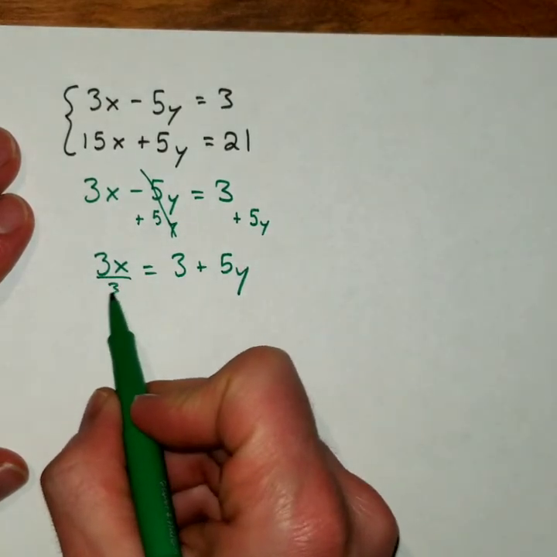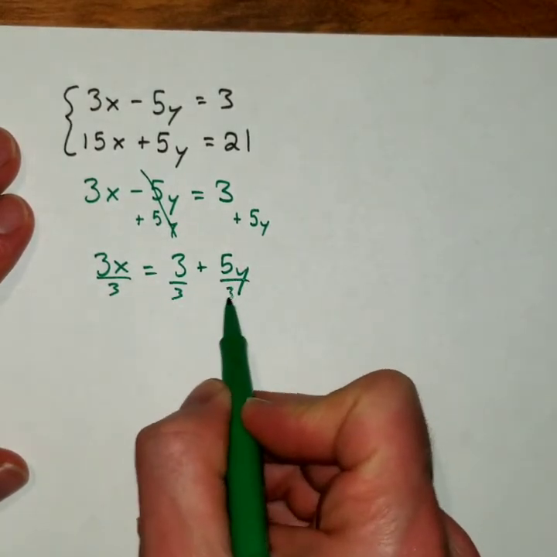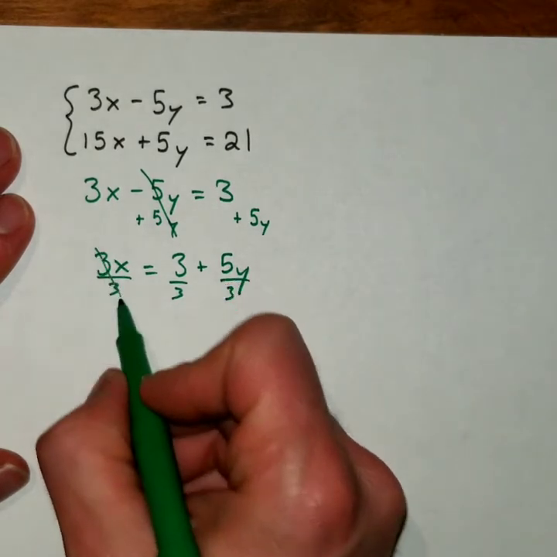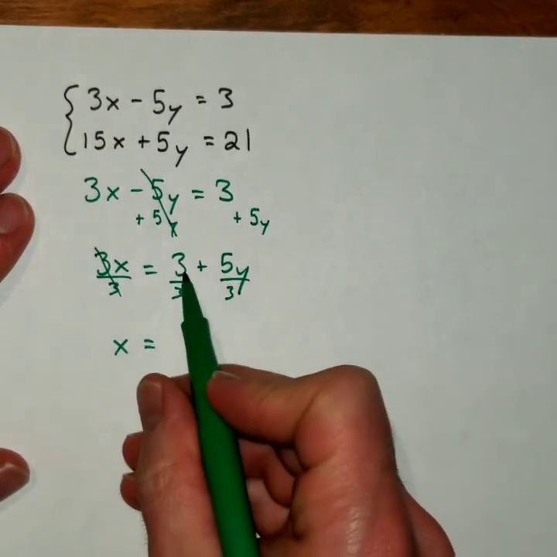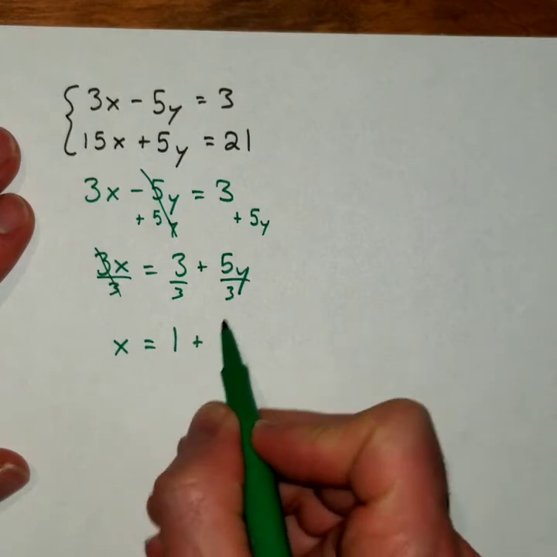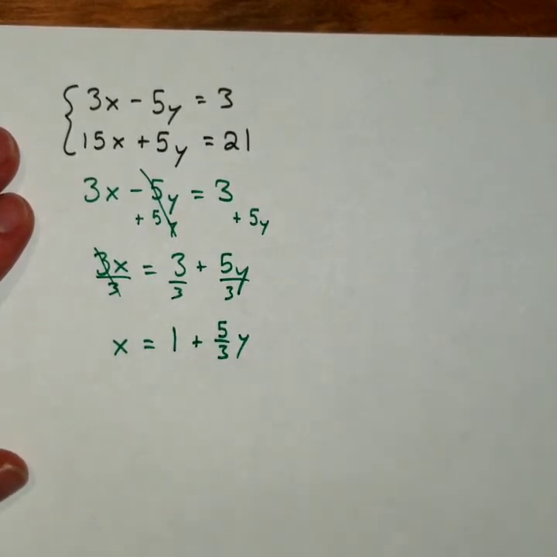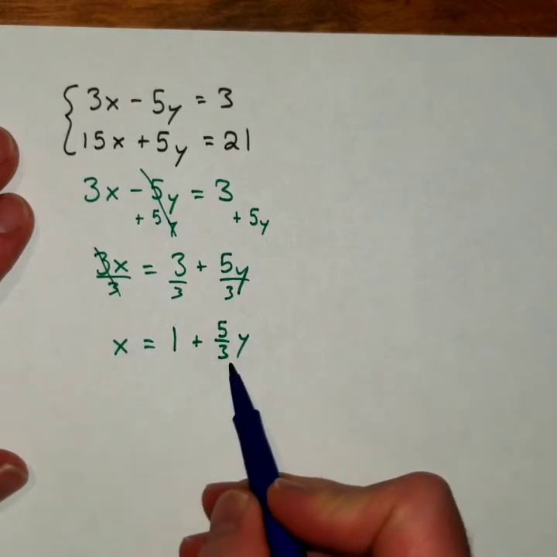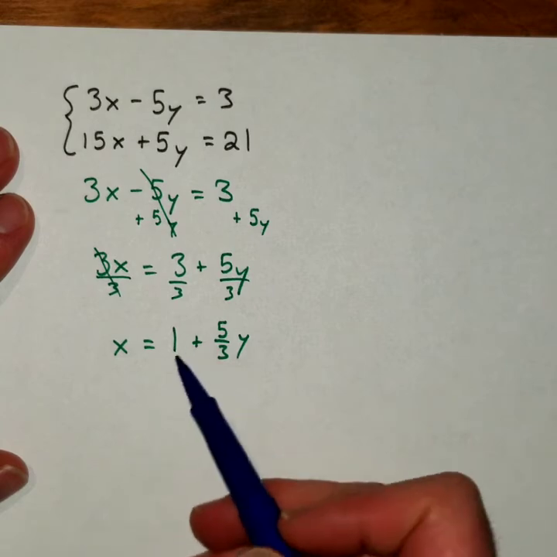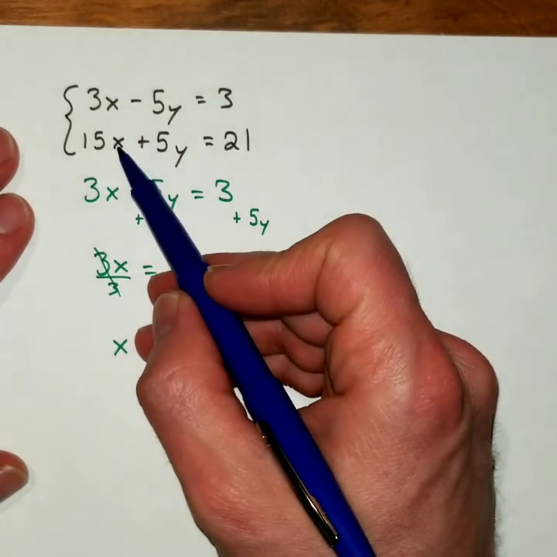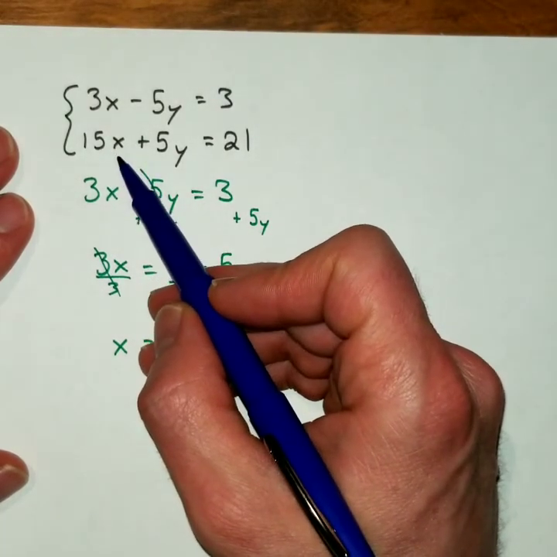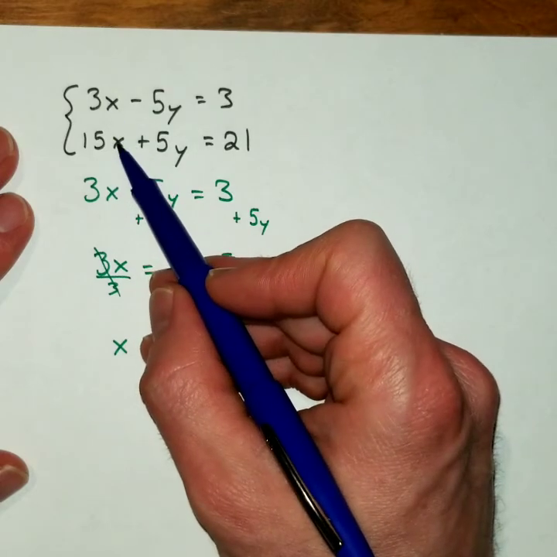And if I divide by 3 on both sides, it distributes on the right. And we get x equals, well, 3 over 3 is 1, and then we get 5/3 y. Okay? So now we're going to take that 1 plus 5/3 y, we're going to substitute it into the x in the other equation. Remember, you have to go to the other equation so that you're solving both of them.